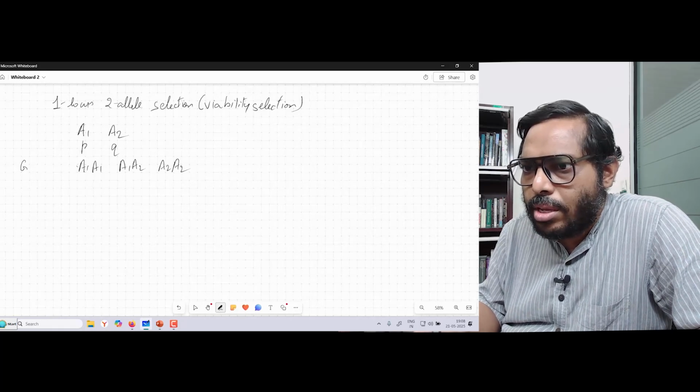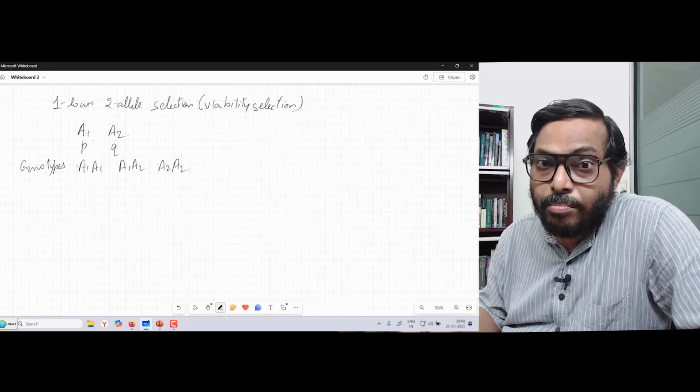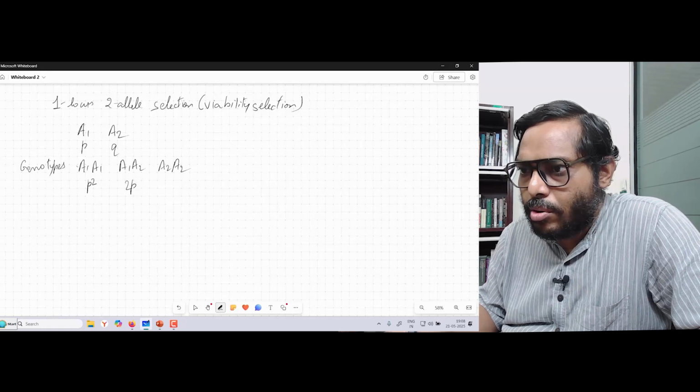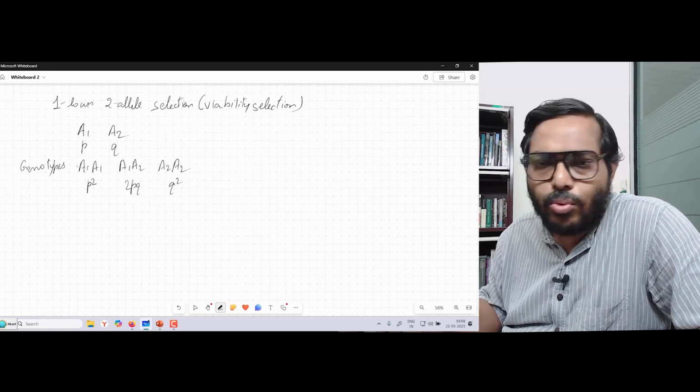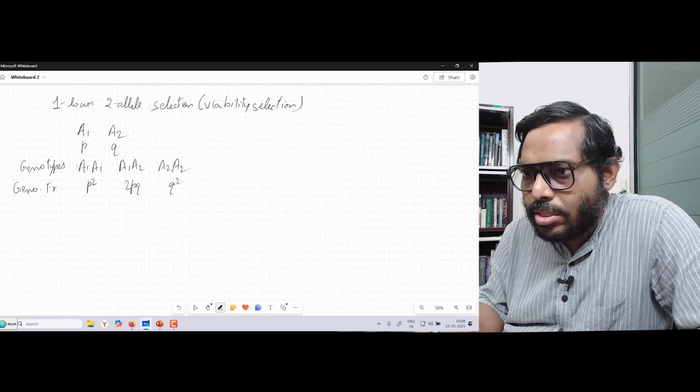So these are my genotypes, and remember, before selection, their frequencies are P square, 2PQ and Q square, right? So these are genotypic frequencies before selection.